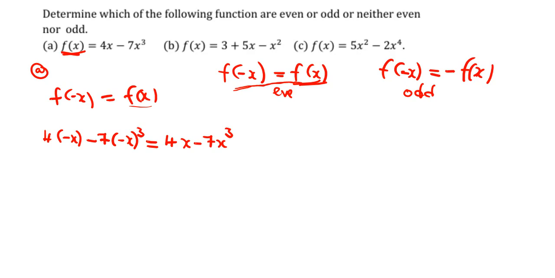So positive 7x cubed is equal to 4x minus 7x cubed. Are these the same? Since this is not the same, this is not even. Is that okay?